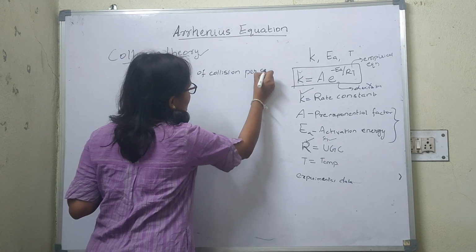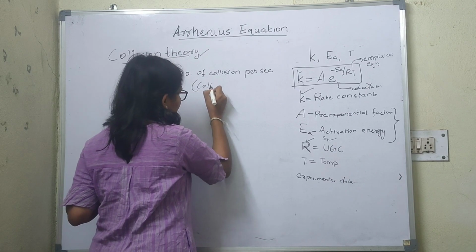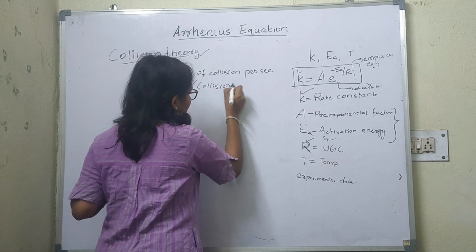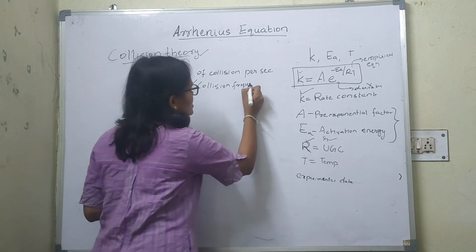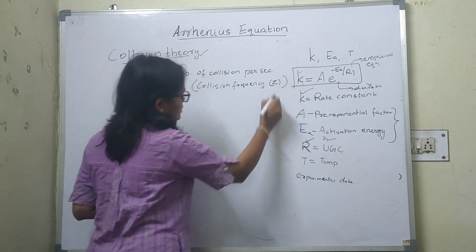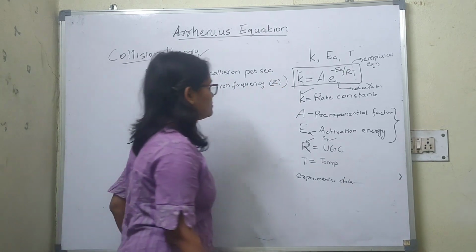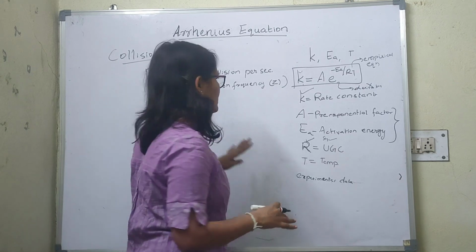Okay, number of collisions per second. So this is also called collision frequency, and it is given by alphabet Z. Okay, it is represented by Z. So more the number of collisions, faster will be the reaction rate.